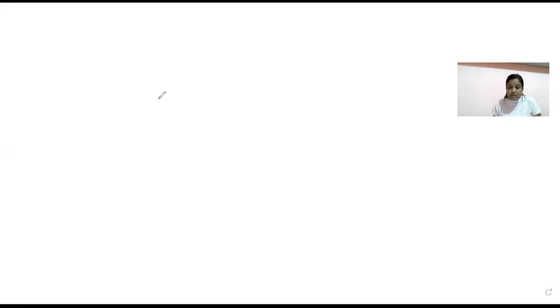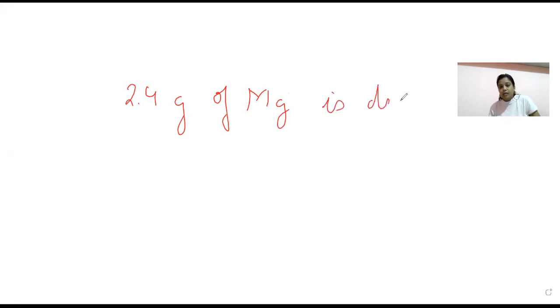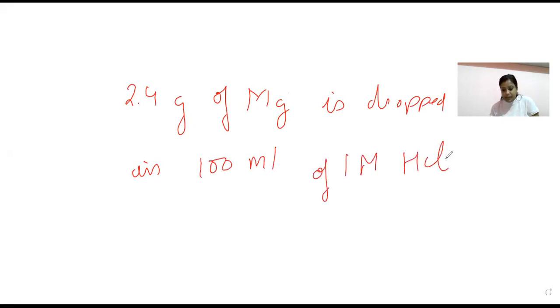The question states that 2.4 gram of pure magnesium, whose atomic mass is 24, is dropped in 100 ml of 1 molar HCl. So calculate the mole, which statement is wrong.